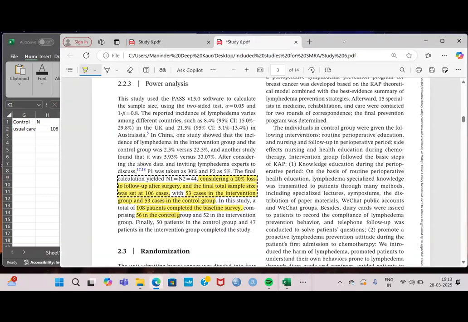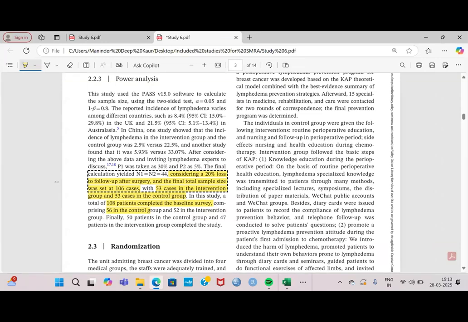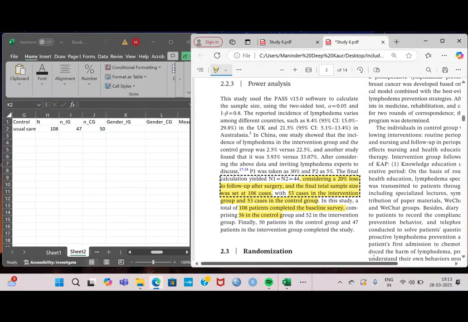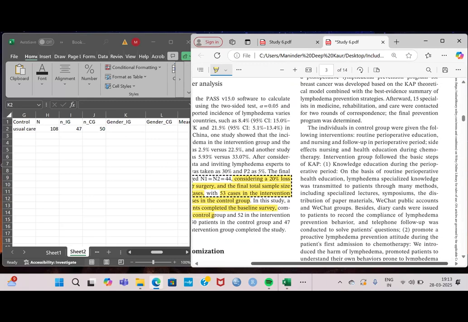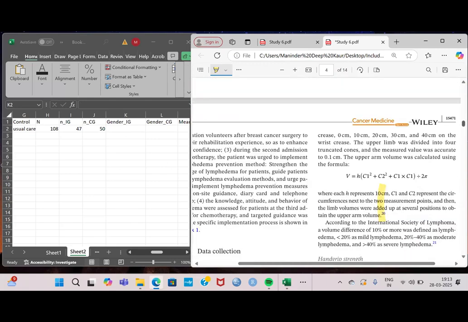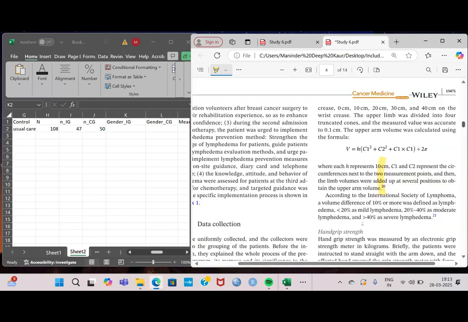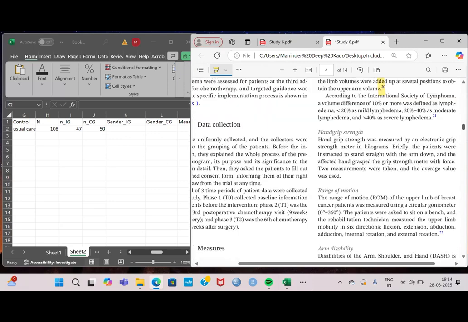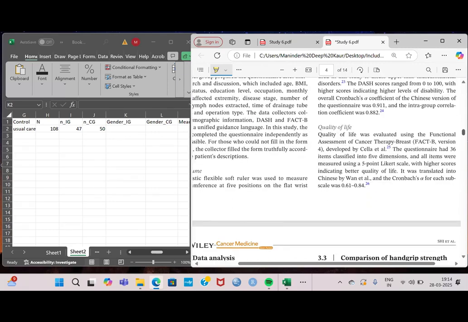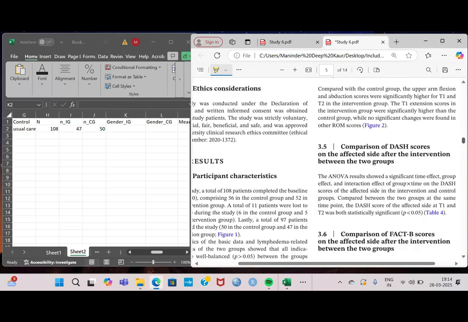So next we need to find out the gender-wise distribution in the studies. So we need to go into the results section. What type of instrument they have used.